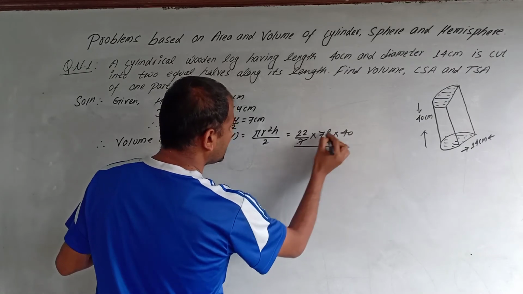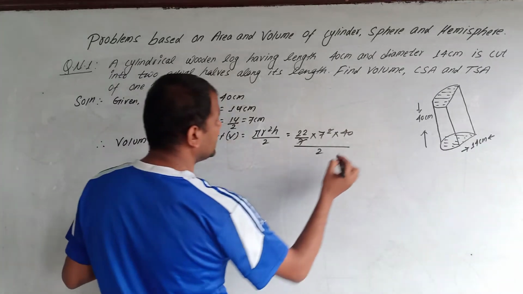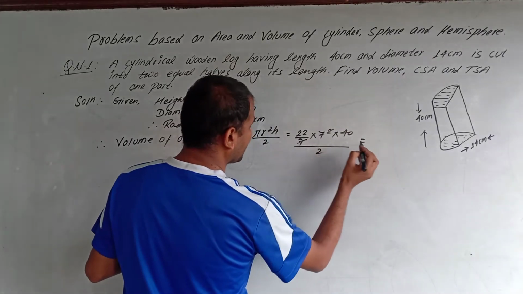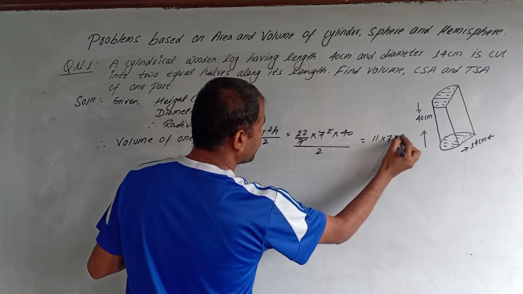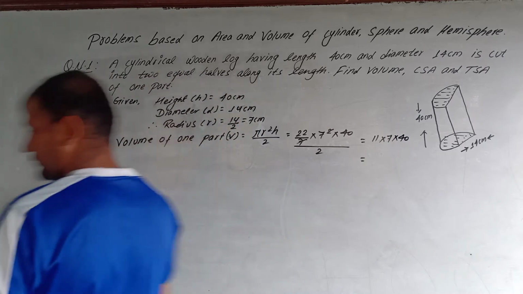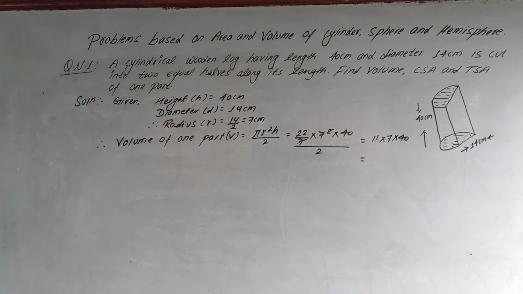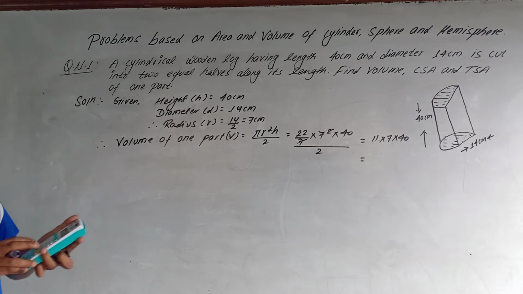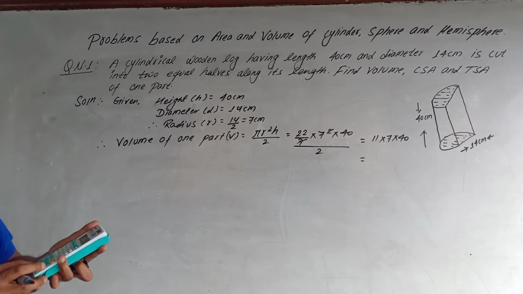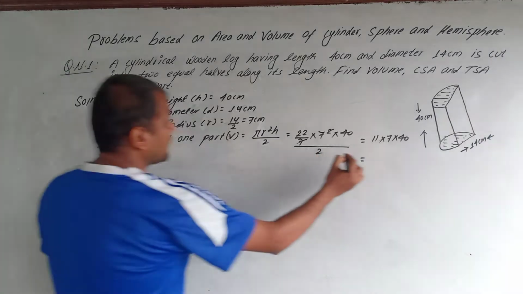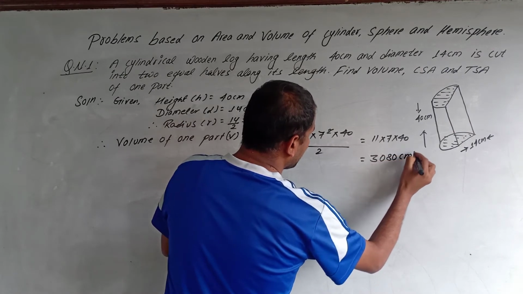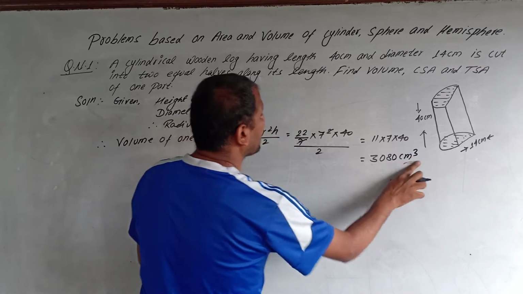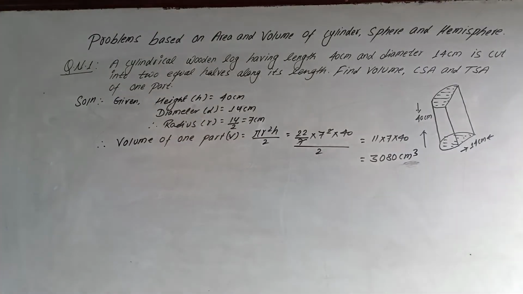That is equal to 7 and the power of 7 is cancelled here, 22 by 2, that is 11 into 7 into 40, that is equal to 3080 centimeter cube, the volume of one part of the cylindrical log.